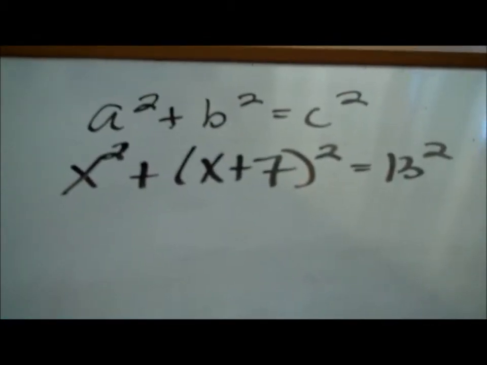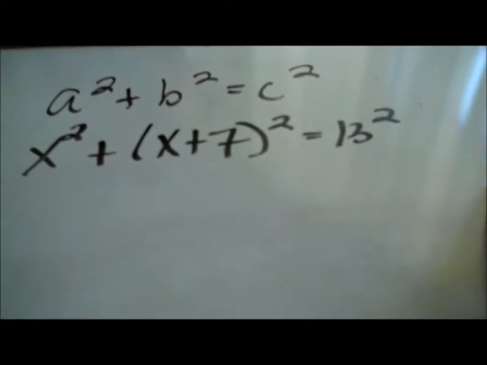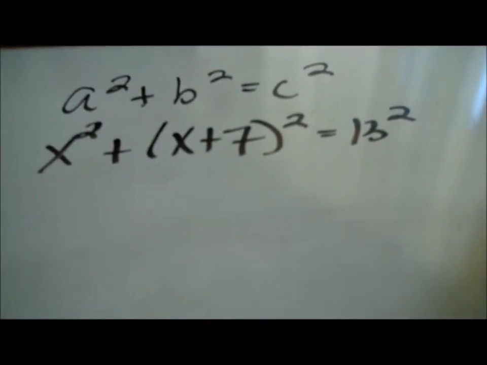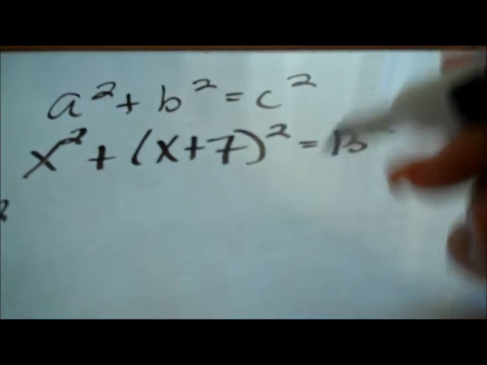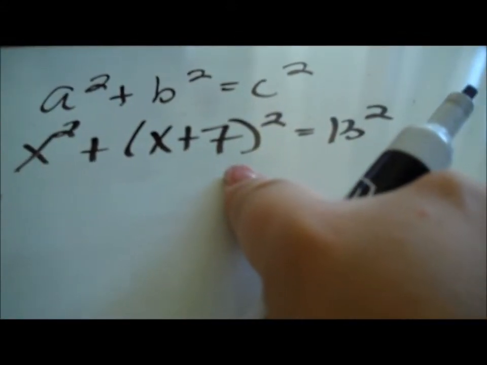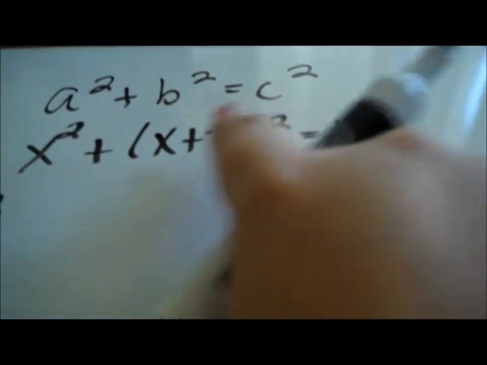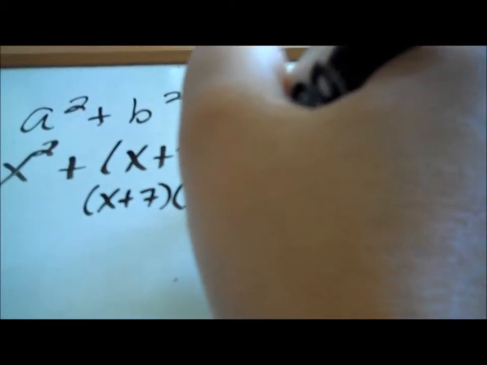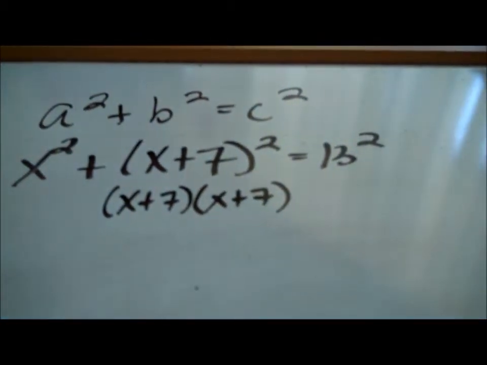Okay, that's our equation. And we're going to have to simplify this before we can start to solve. So x squared is just x squared. This is where I see a lot of problems. This does not mean square this and square this. This means x plus 7 times x plus 7. Okay?